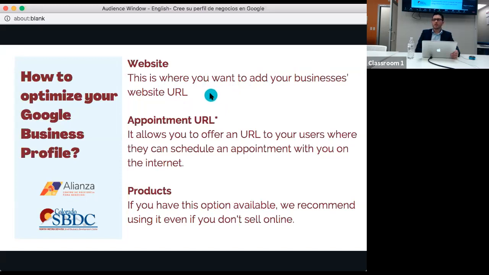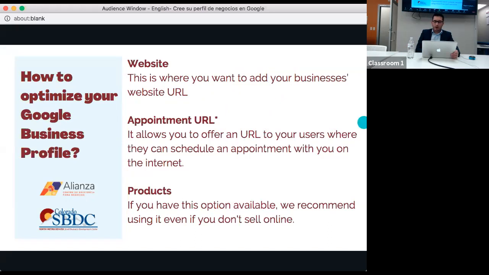A lot of businesses make this mistake because they just put the general link, the link that goes to the homepage, but that is not the correct way to do this, okay?